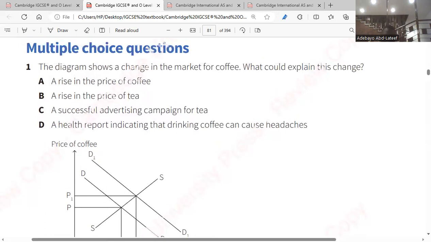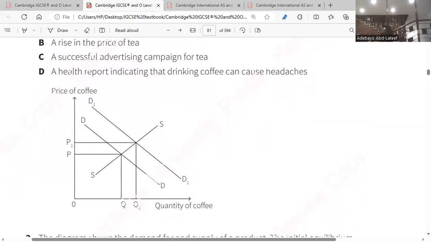Can it be a rise in price? No, it can't. A successful advertising campaign for tea. So the answer is C.